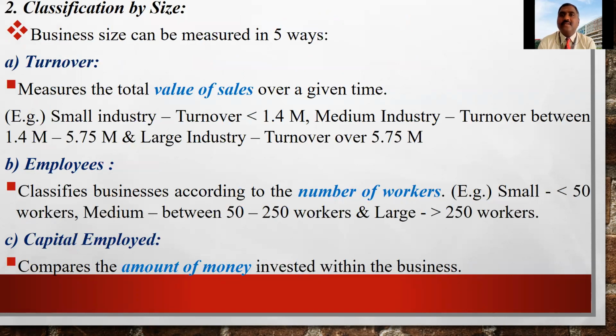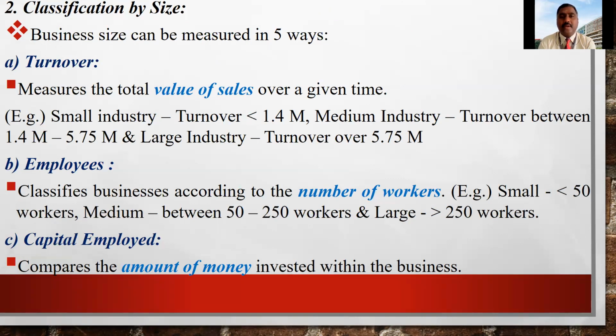The second thing is your business can be classified according to the size of your organization. For example, if we have a corporate, we are used to calling it a multinational company, and we call others a medium level organization, small level organization, ancillary unit, tiny industry, small scale industries.